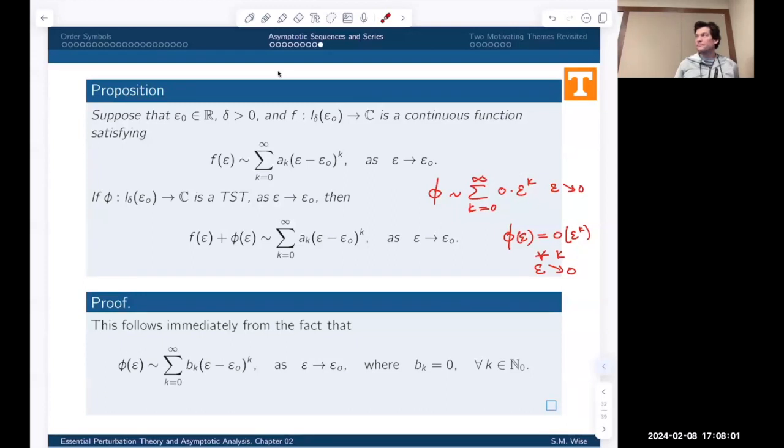It's kind of silent on those. So if you add a transcendentally small term to a function, it has the same asymptotic series approximation as the original function. That's kind of cool.